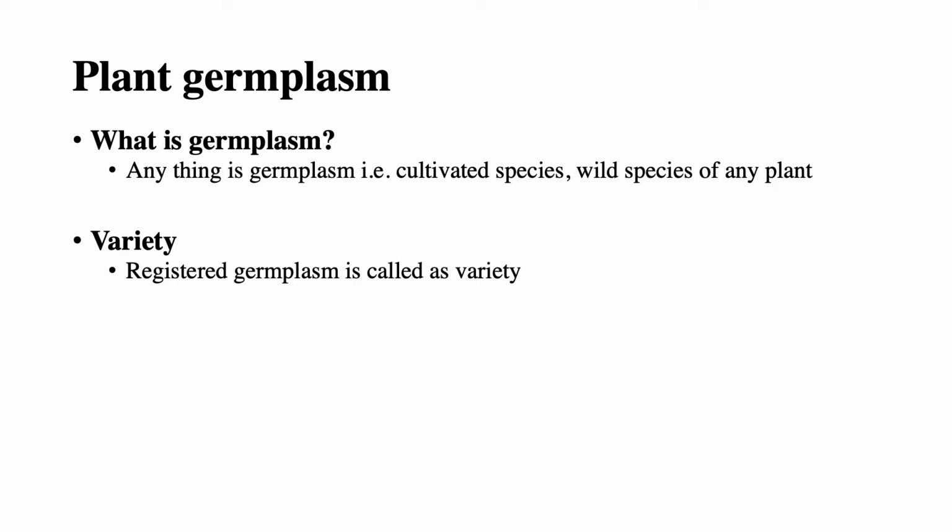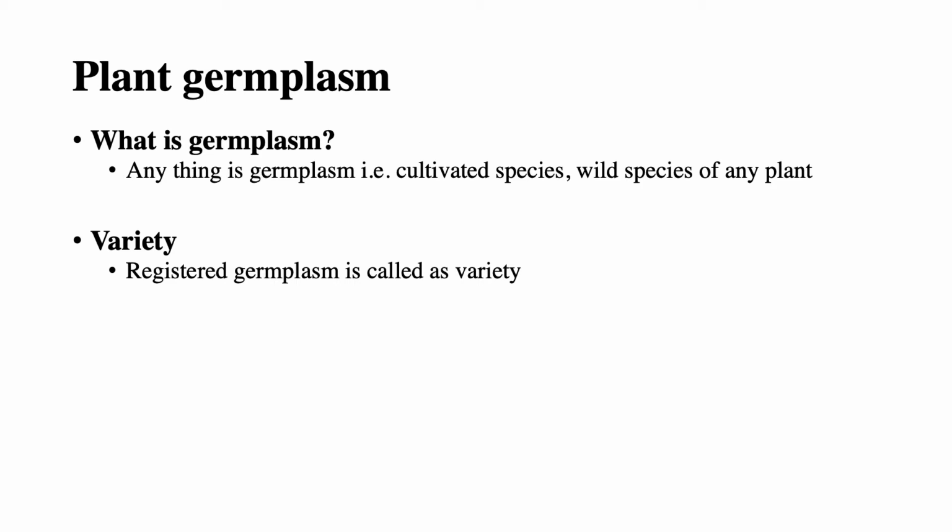It has to pass several tests against abiotic stress and biotic stress. It has to pass through a lot of selection procedures, and after all these procedures, we develop a variety in a registered form. So any germplasm which is registered is called a variety, and registration should be given by an authentic body. Okay, so there is a difference between germplasm and variety.